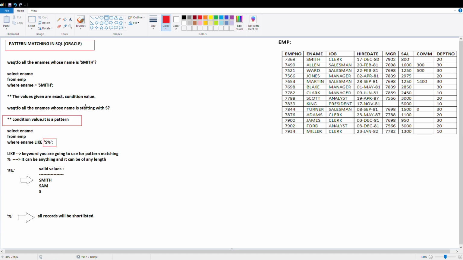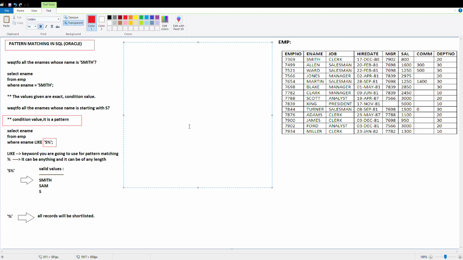Same example, I'm going to twist it. Just observe how it works. For example, if I ask, write a query to find out all the employee names whose name is starting with S and ending with H. If this is the condition, again, this is a pattern.